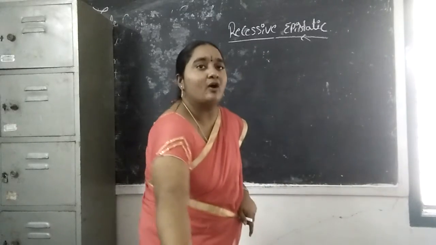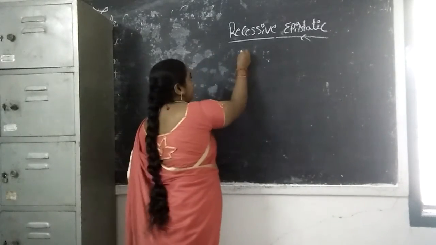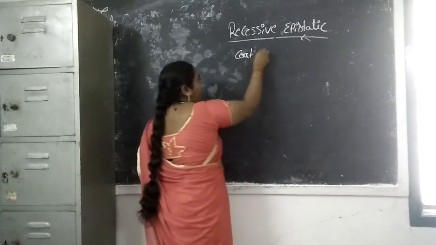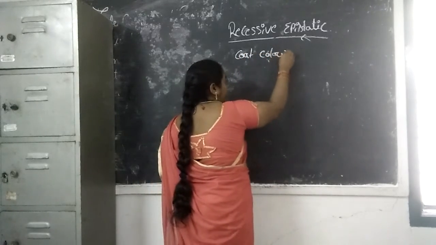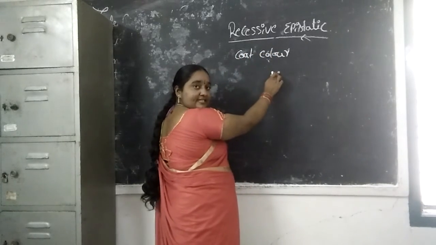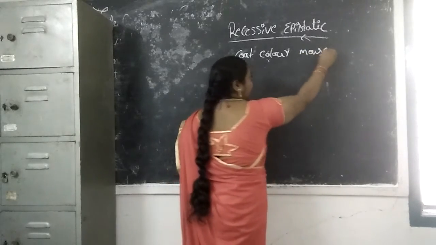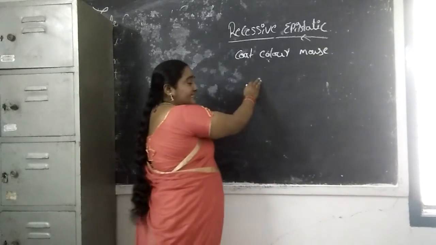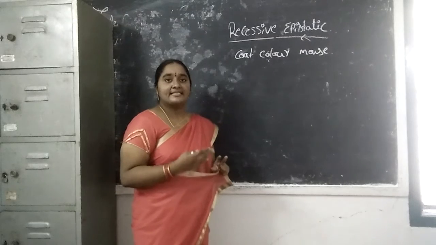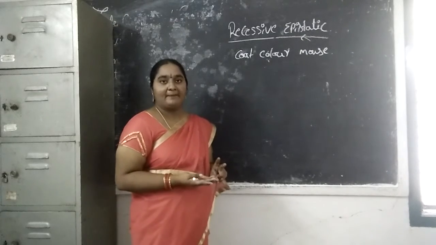It depends upon coat color. The coat color is represented by ordinary mice. There are two types of colors, depending upon two types of pigments.